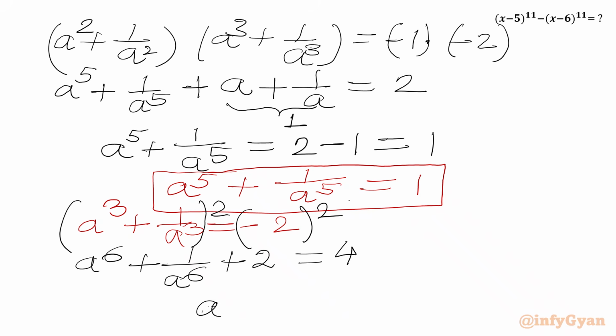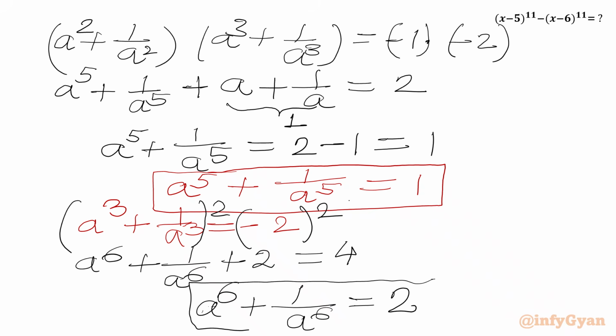So from here we have A power 6 plus 1 over A power 6 equal to 4 minus 2. Value will be 2. Now we have A power 5 plus 1 over A power 5 is 1, A power 6 plus 1 over A power 6 is 2.